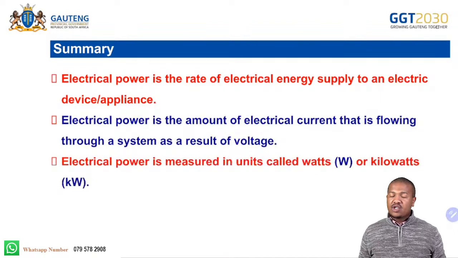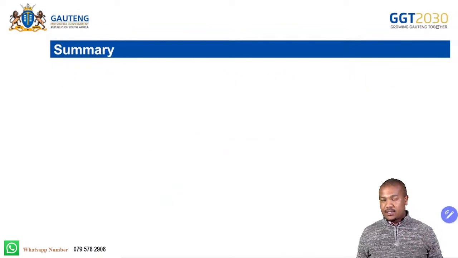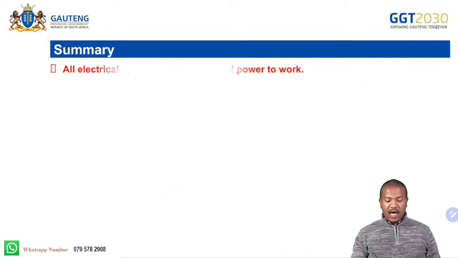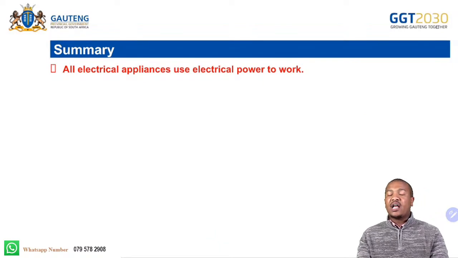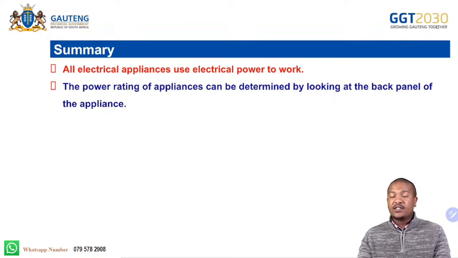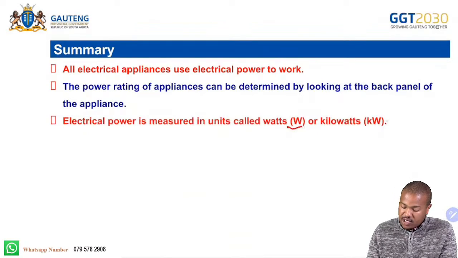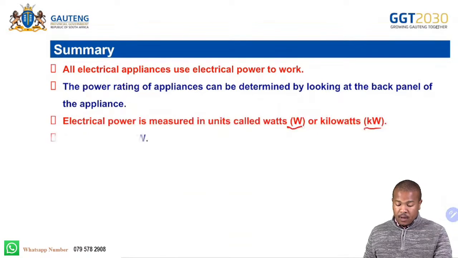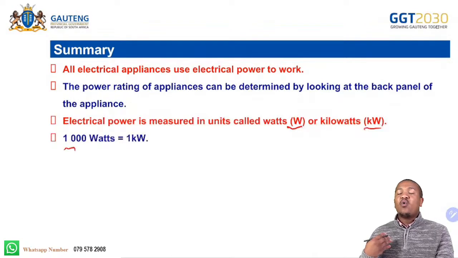We said that electrical power is measured in units called watts or kilowatts, and that all electrical appliances use electrical power to work. The power rating of appliances can be determined by looking at the back panel of the appliance. Also, we said that 1000 watts gives us 1 kilowatt.